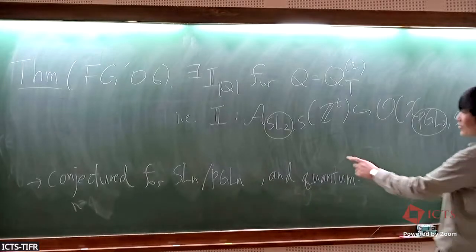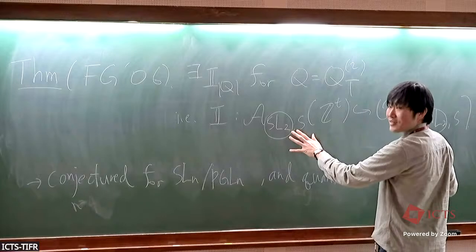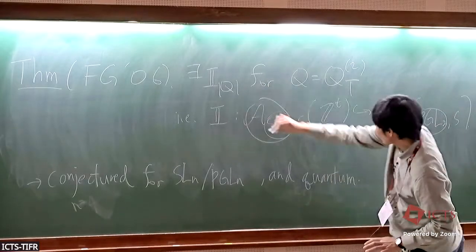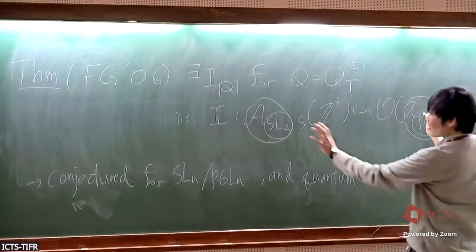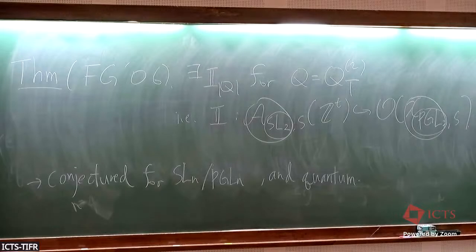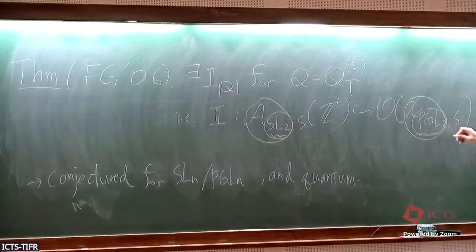And somehow A of PGL2 is not a cluster variety. It's close to that. But you can exchange this whole thing with that, and that still works. And in general, this and this must be Langlands dual to each other. I only focus more on the A types, but there are people who study other types too.